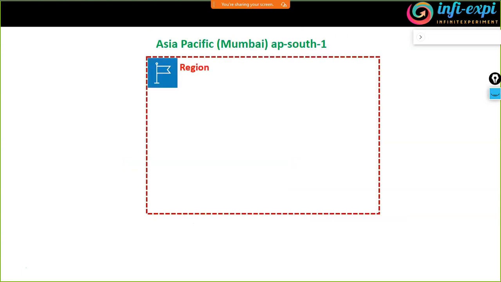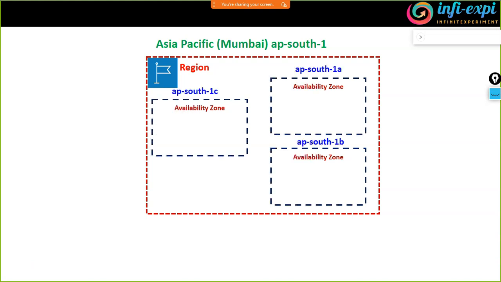Okay, now let's look at it from the point of resilience. If you look at this diagram, I have a region, which you're well familiar with, as we got an insight about it in the last week. Now what I'm trying to explain here is, in this region, as usual, you'll have multiple availability zones.